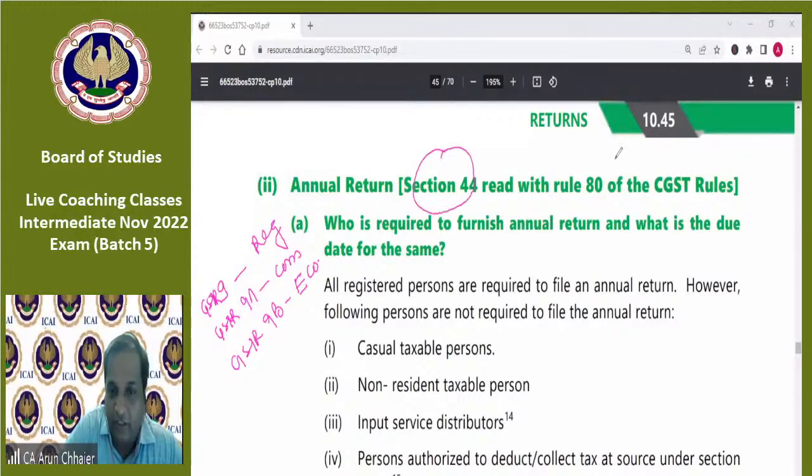According to section 44, read with rule 80, all registered persons are required to file the annual return other than CTP, NRTP, ISD, or TCS or TDS.